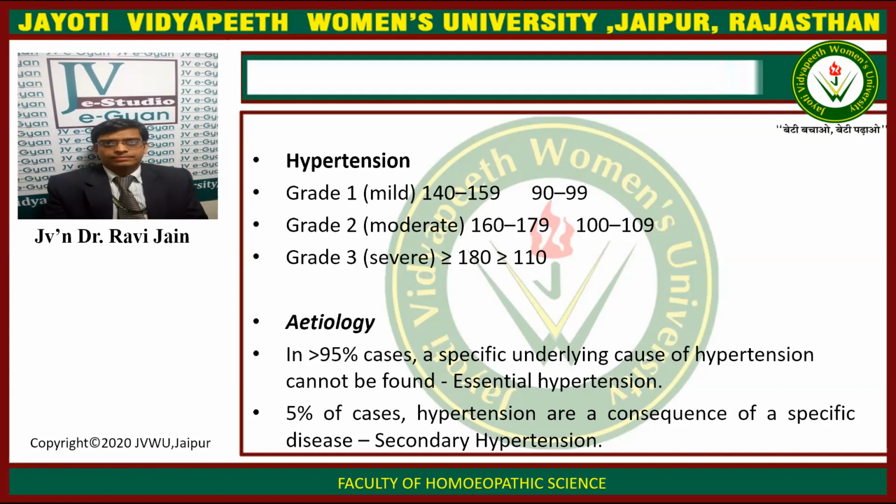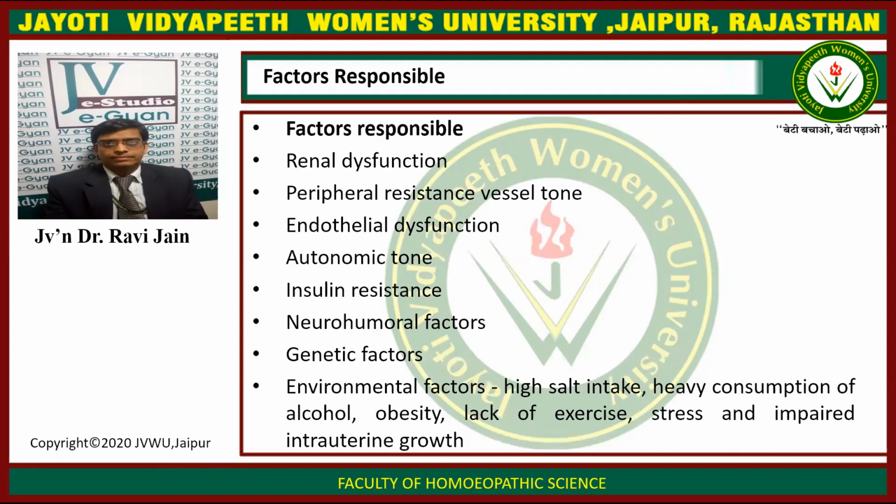In 5% of the cases, hypertension is the consequence of a specific disease. If hypertension is a result of some other disease, then it is known as secondary hypertension, and you will find these causes only in 5% of the cases.